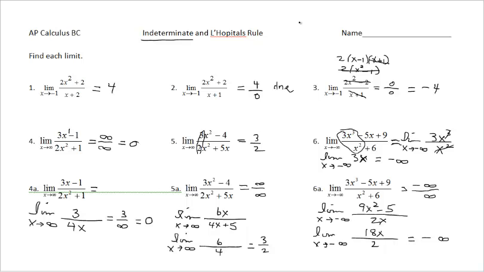All right, let's take a look back at 3 and apply L'Hopital's rule to the indeterminate rational function here. Instead of factoring, you determined that you have an indeterminate form. Find the derivative of the numerator and denominator. So the numerator is 4x, the denominator is 1. I can't simplify it any further.